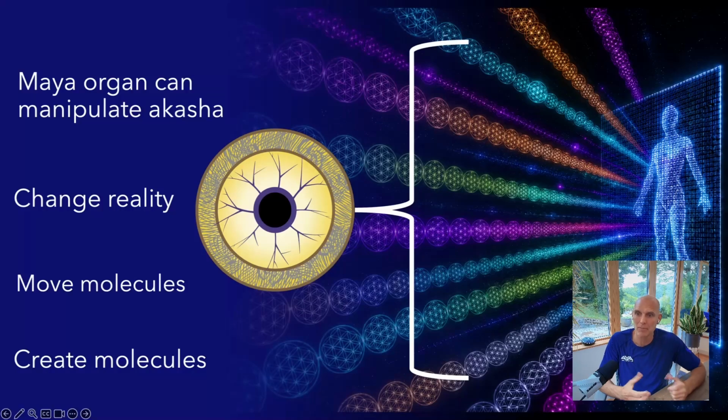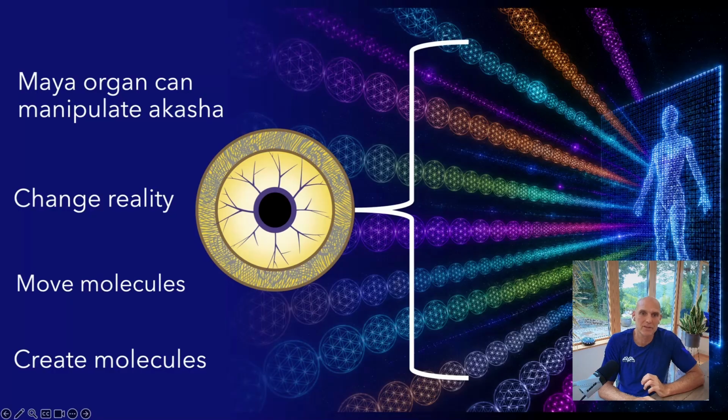It can create molecules. I mean, theoretically speaking, it could turn this mouse into this phone. Don't think we'll ever do that, but it's possible because these are all being manifested through akashic information. So if you can change the akasha, you can change reality.